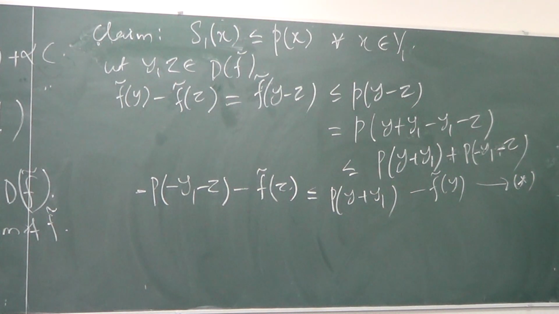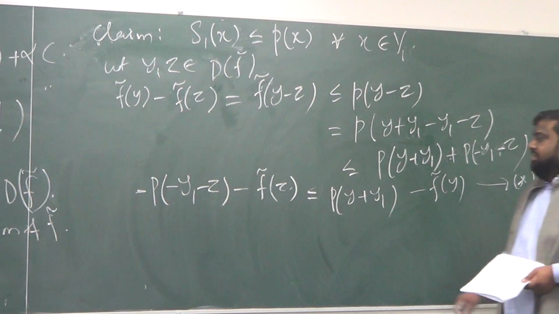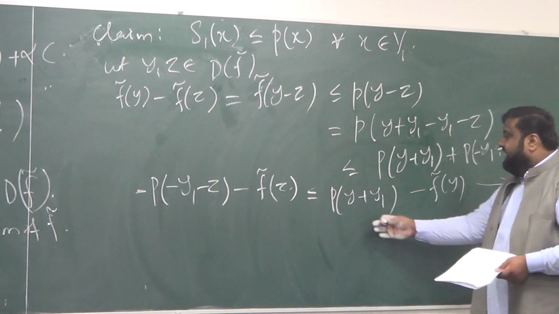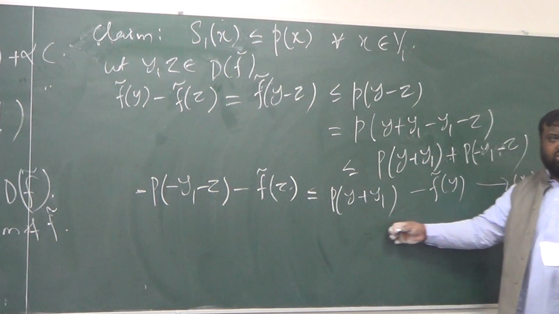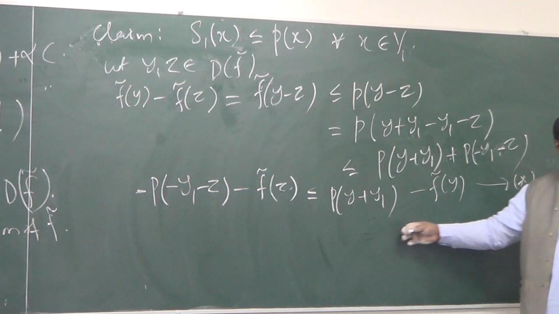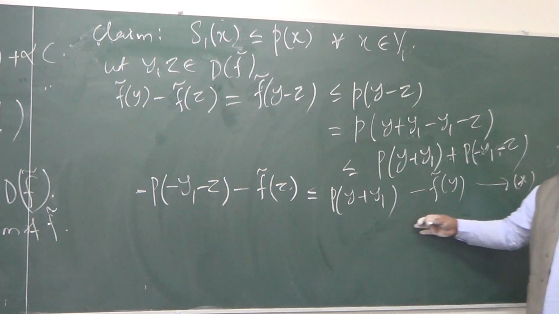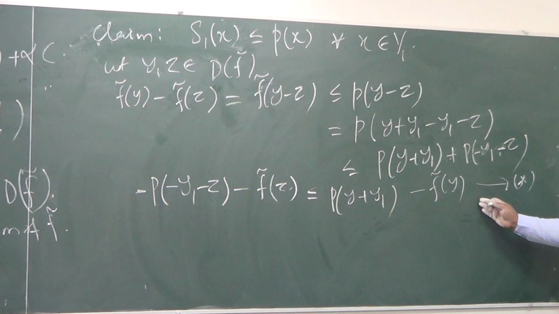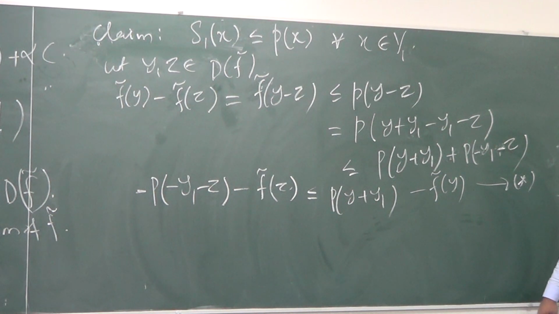So what I can do is that I can, for example, somehow fix this z and take the supremum on y actually. This would still hold. If I take a supremum of y's on this side, that would still hold. The y arbitrary, z arbitrary.